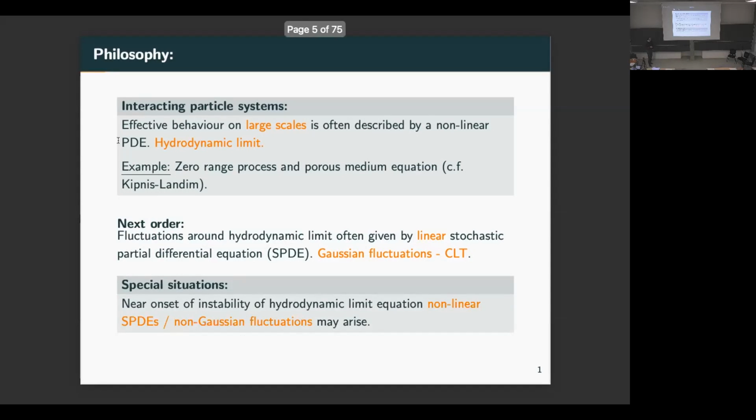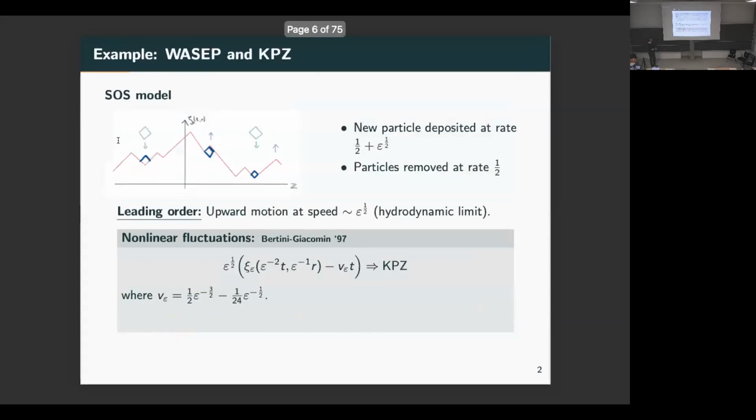But then, the topic of this talk: there are some special situations, specifically near the onset of instabilities, when there's an instability for this hydrodynamic limit equation, where one can see nonlinear SPDEs, or non-Gaussian fluctuations. This is really where the theory of regularity structures becomes useful in understanding these objects. And I will talk about this in a minute. Well, this is the content of this talk.